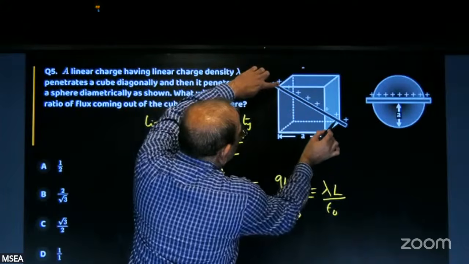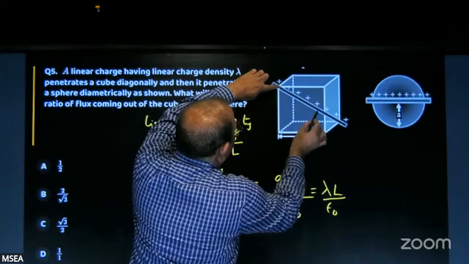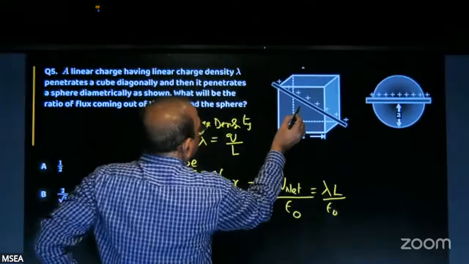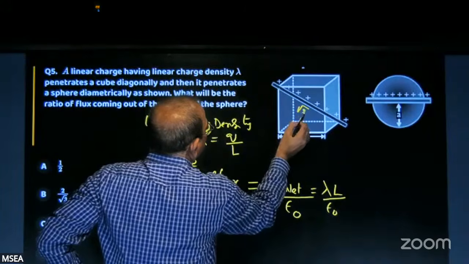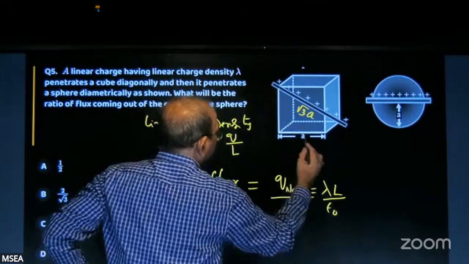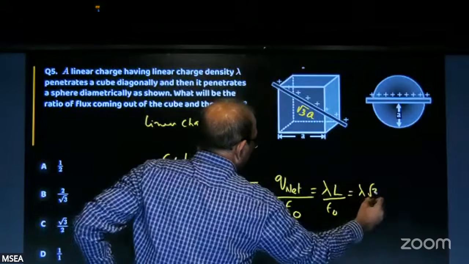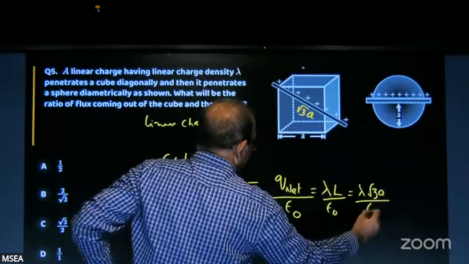That length is nothing but the body diagonal of this cube. What is the body diagonal length for any cube? Root 3 times the side length. So this will be lambda into root 3a by epsilon naught.